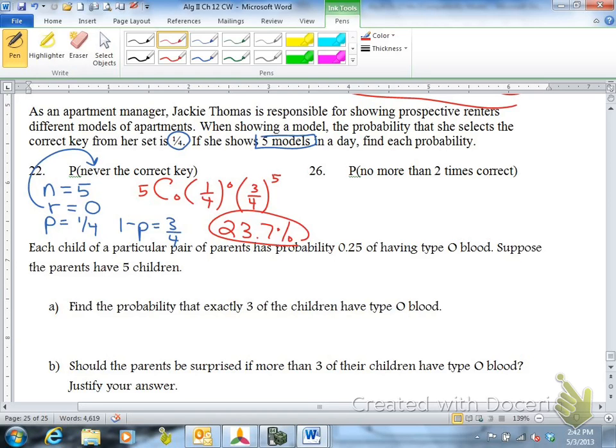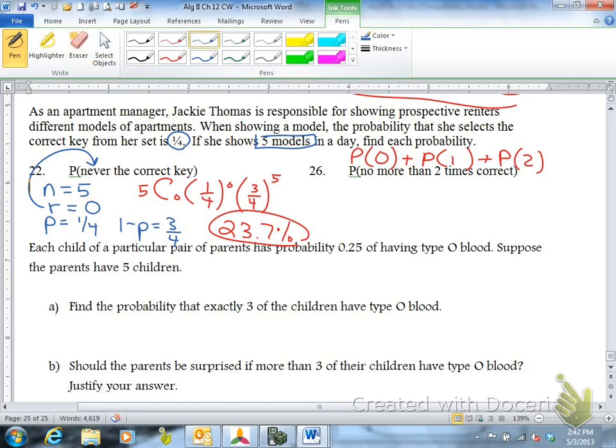2 is the most. So that would be probability of 0 plus probability of 1, plus probability of 2. So you have to do this binomial theorem we did in 22, you have to do it 3 times.